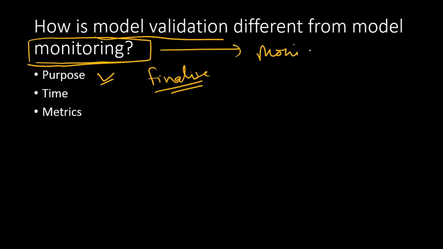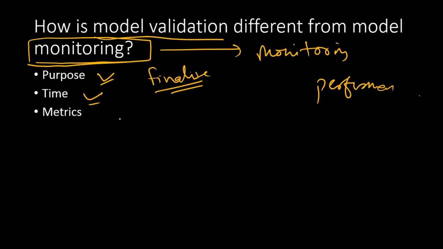So this is to see monitoring performance, right? The moment you see that the model is no more performing well, or it's not performing as expected, then you need to inform your modeling team, and the modeling team will re-estimate or redevelop the model. So that's the purpose.